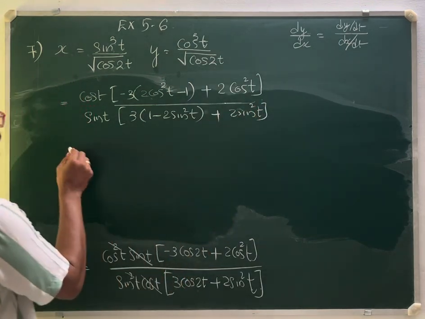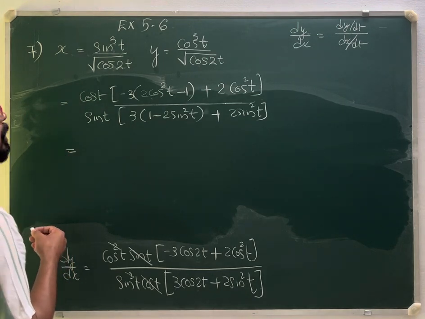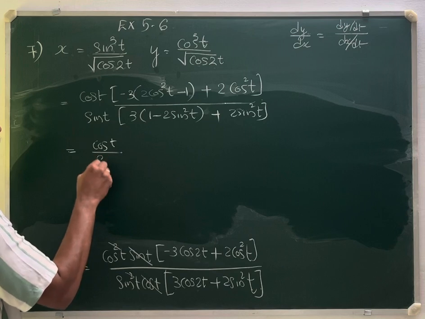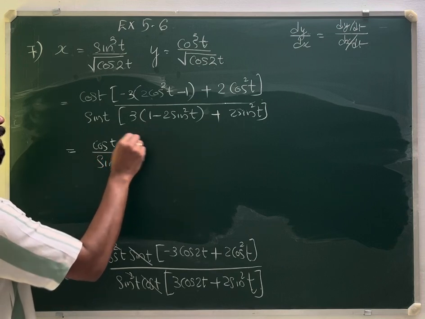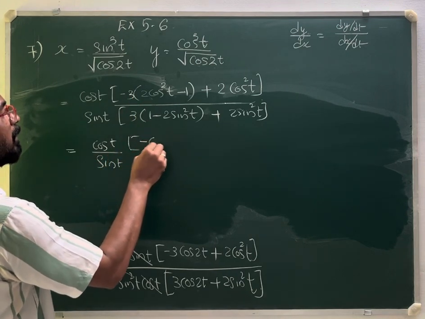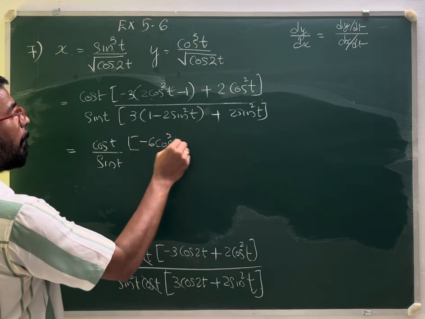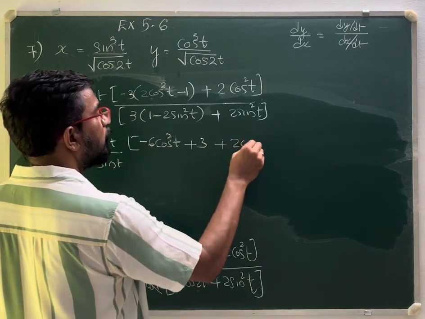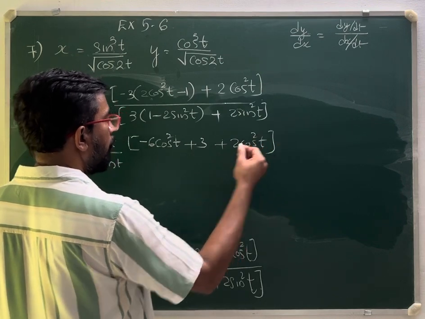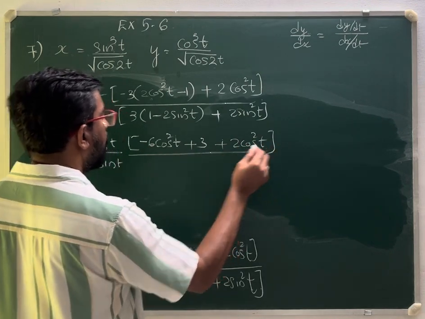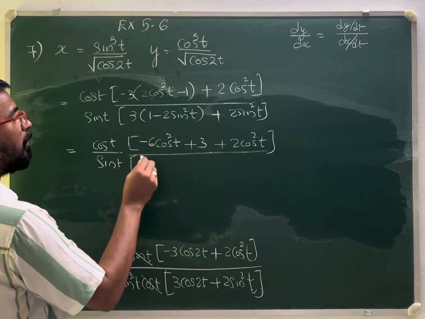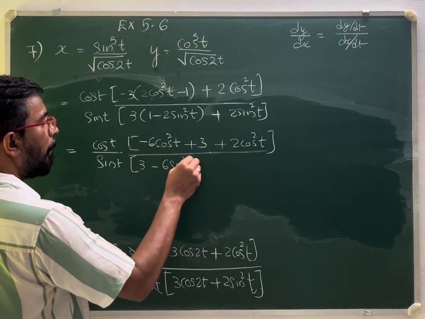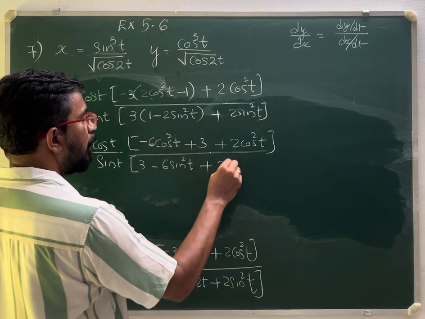Now let us simplify this. This will be cos t by sin t. Here the numerator will become minus 6 cos square t plus 3 plus 2 cos square t, divided by, when you simplify, you will get 3 minus 6 sin square t plus 2 sin square t.